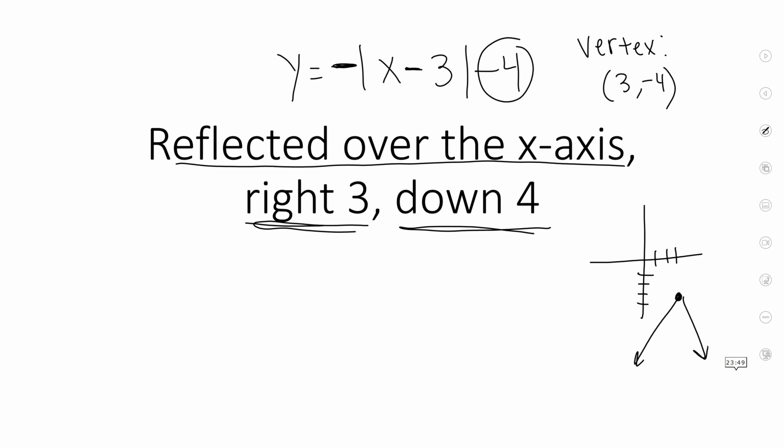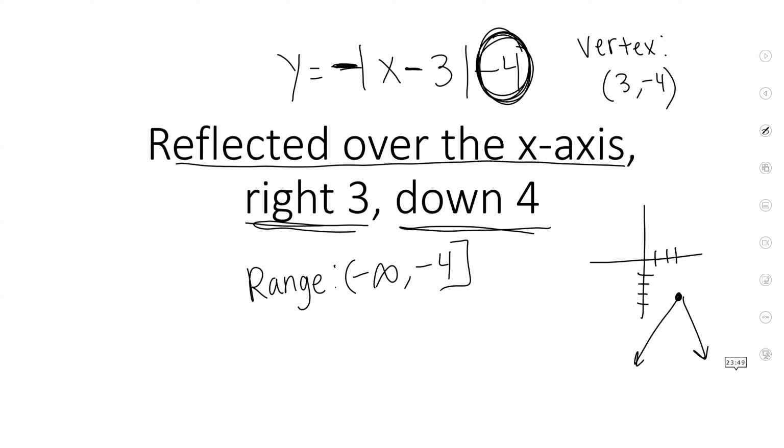Okay? So now that I know this information, my range will always include this number right here. And because it's a negative, I know it's going to face down. So it'll be -infinity to -4. And look at the picture that I just drew.